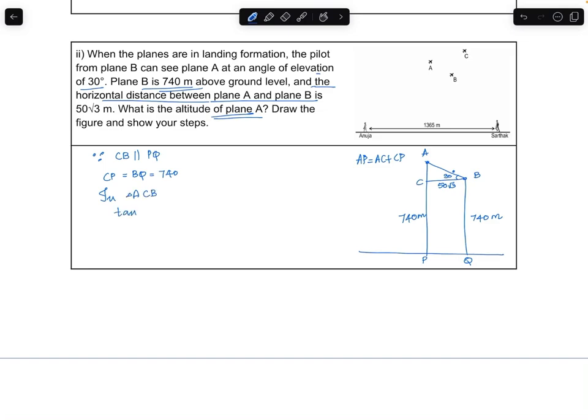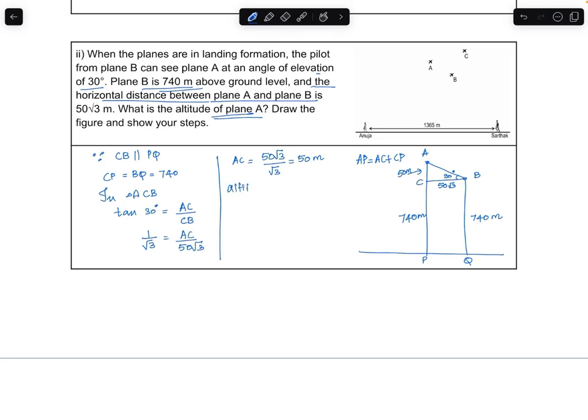Tan 30 is equal to AC upon CB. Tan 30 is 1 upon root 3, AC by 50 root 3. So AC is equal to 50 root 3 upon root 3, which is 50 meters. That is, this distance AC is 50 meters.